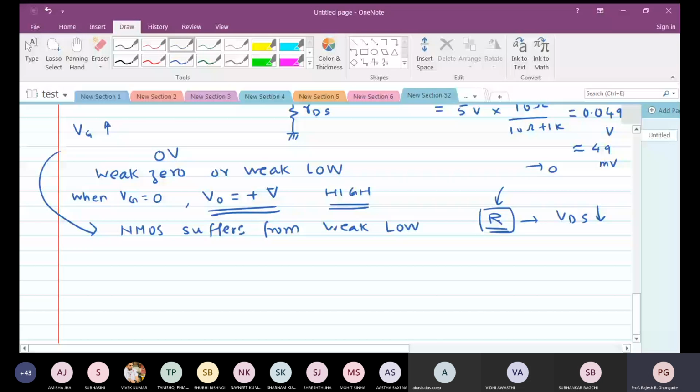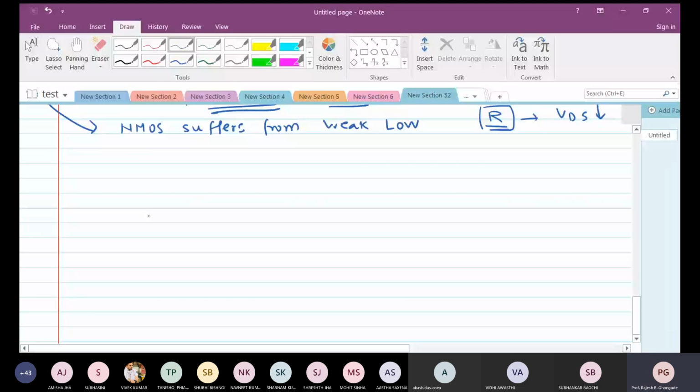Now let us investigate what happens if I use the other topology. The other topology will naturally employ a PMOS device. Please be careful with the symbol.